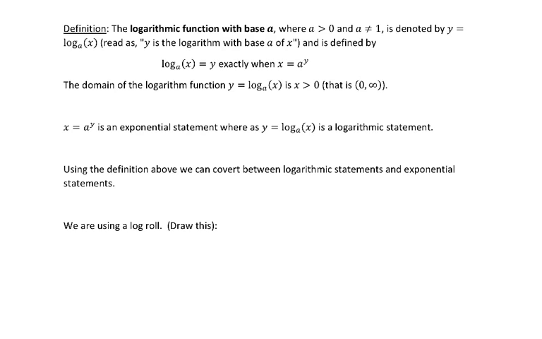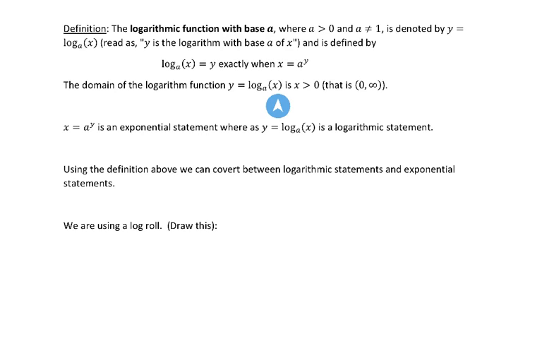And if you remember with exponential functions, the range of an exponential function was only positive numbers. The exponent was any number you wanted, but the output was only positive numbers. Well, because of that, using the definition, the logarithm with base a of x is only defined for positive x.